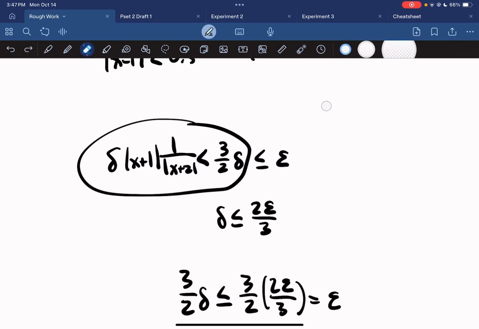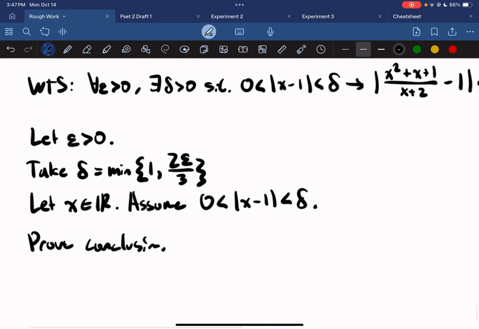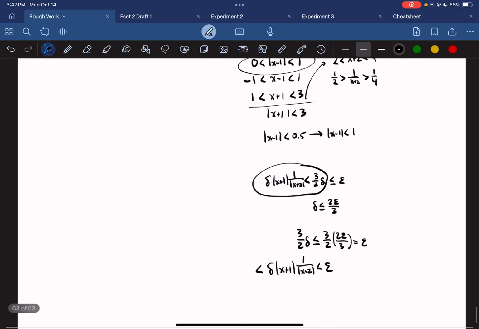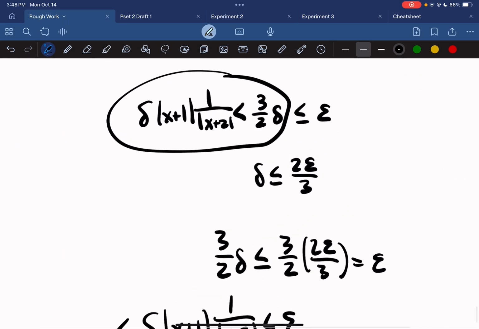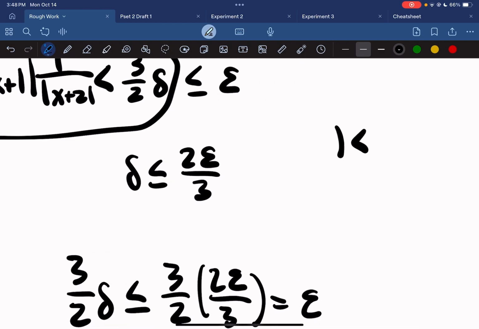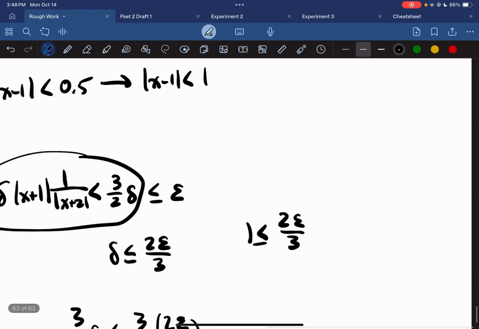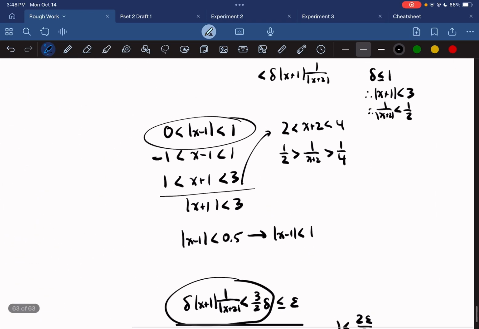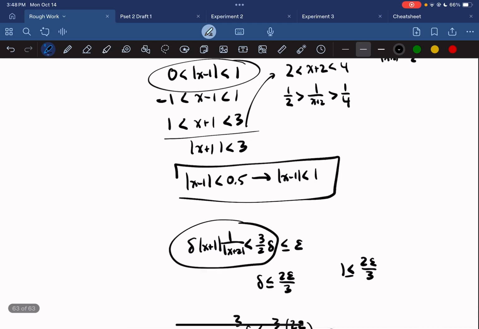It's a very good question, but that's the beauty of the minimum function. Because we chose 1, we know that 1 is less than or equal to 2 epsilon over 3. Would you agree? And would you also agree, if we look back here, we know this is true.